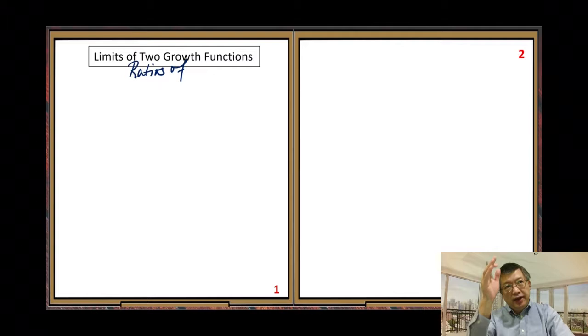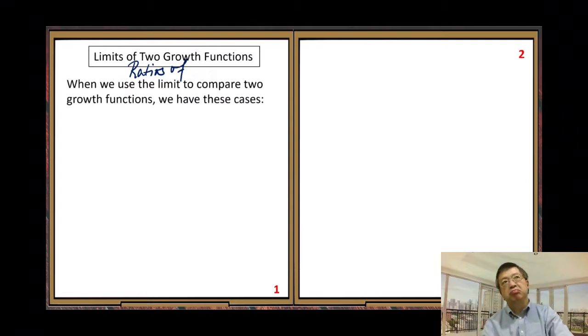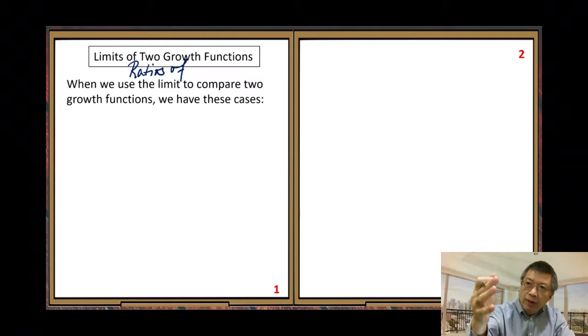All right, so then let's look at the cases. When we consider a limit of the ratio of two growth functions, how many different cases do we have? The cases here, we look at the possible different values, the value types of the limits.